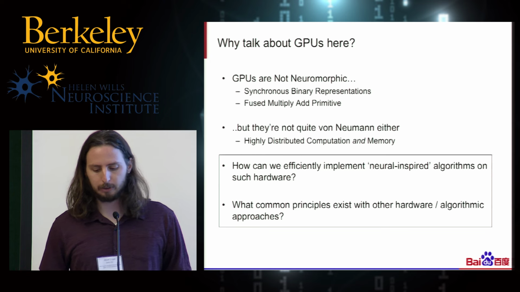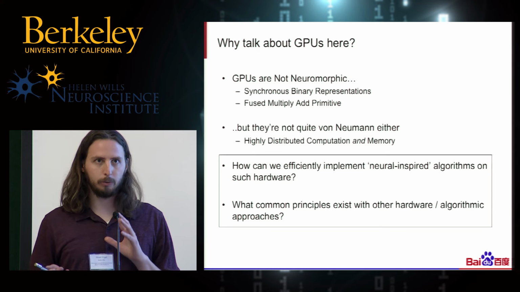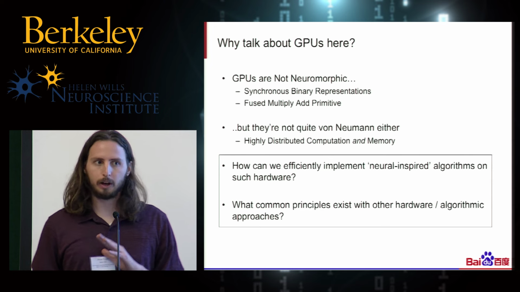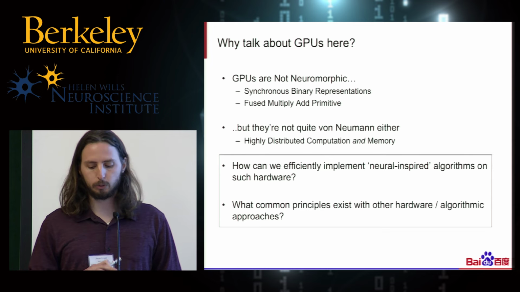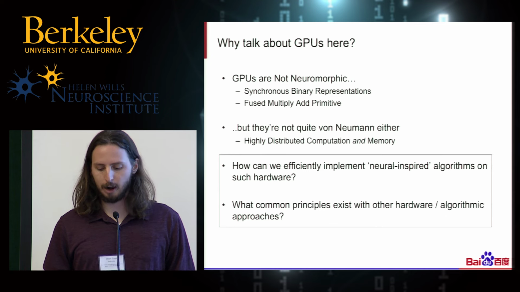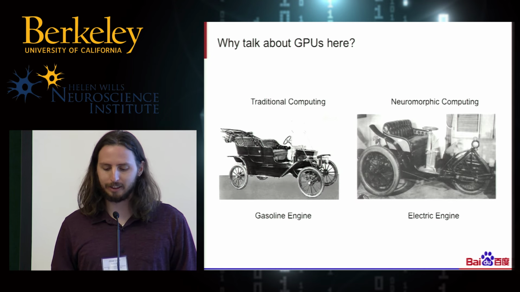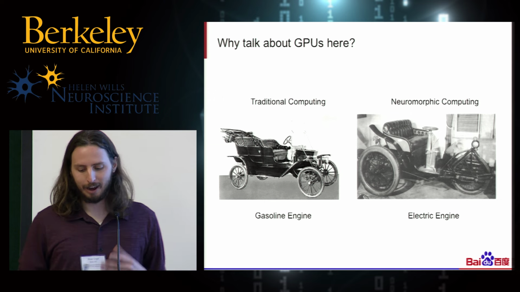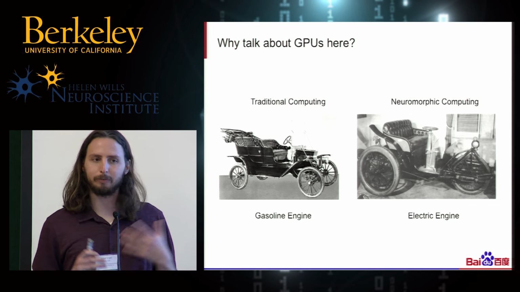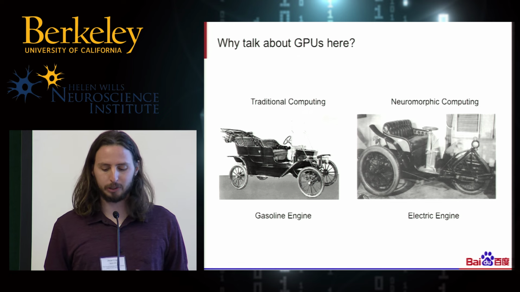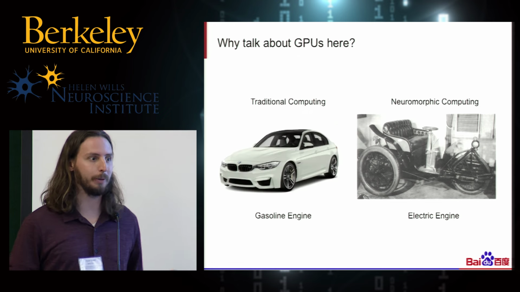So the questions that seemed very interesting to answer were, how do we take neurally inspired algorithms and apply them to GPUs, but also what common principles exist between GPUs and other neuromorphic types of systems, and how can we learn about this? And the analogy I like to make is thinking about the gasoline engine and the electric engine, where actually both types of cars have a long history. They were around since the beginning. But because of commercial reasons, the gasoline engine got a lot more attention paid to it.